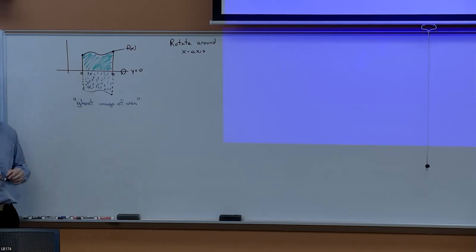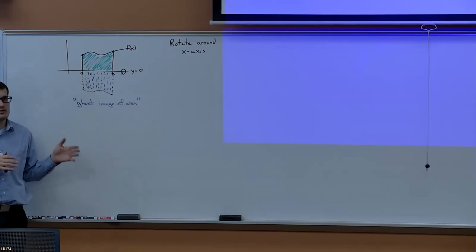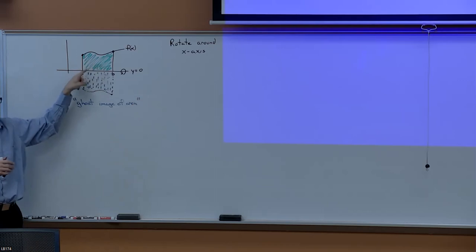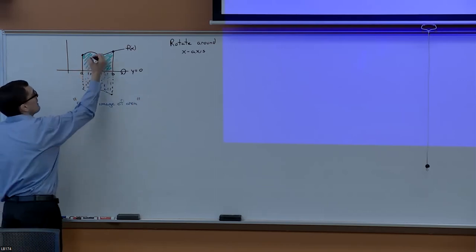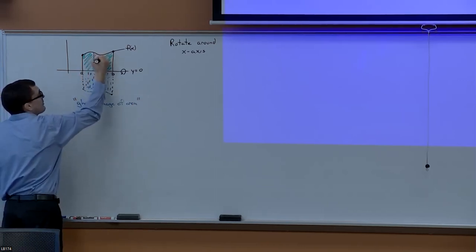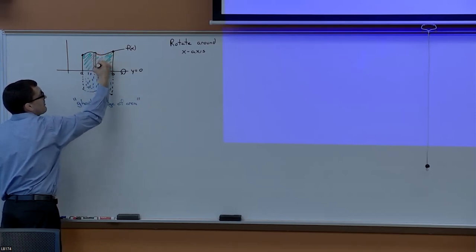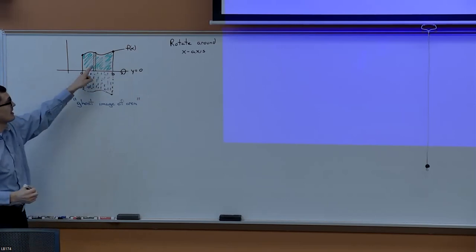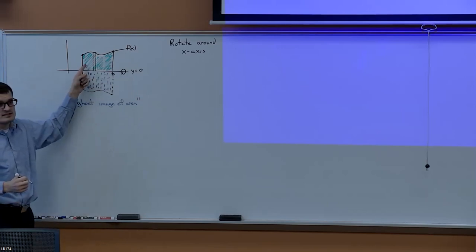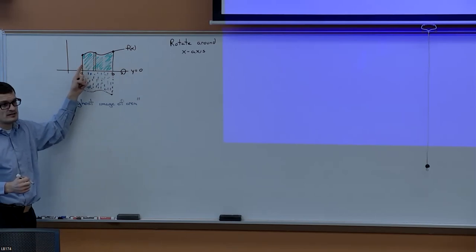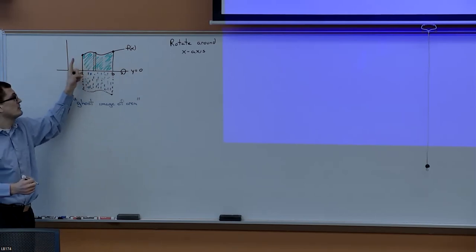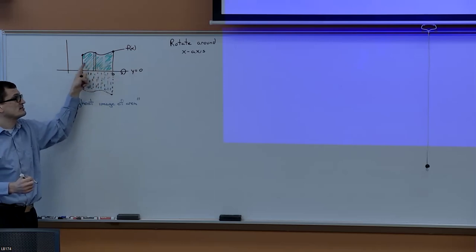Now, think about what back in the day you would have done with Riemann sums to find the area. Back in Calc 1, you took a bunch of rectangles and you'd fill up this entire space with rectangles.